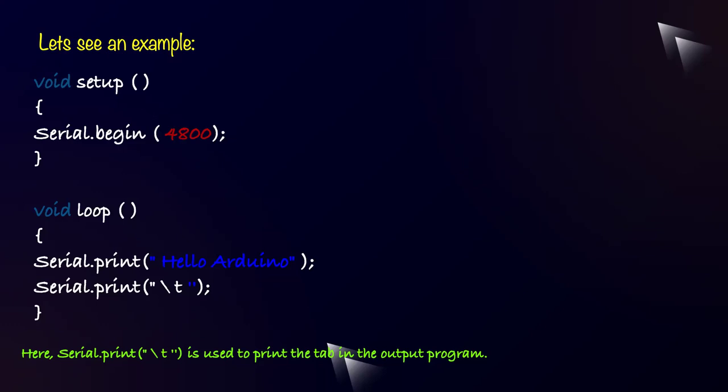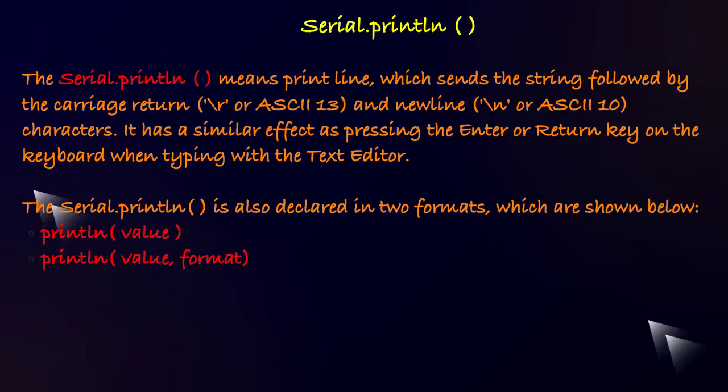So for example, Serial.print("Hello Arduino"), and Serial.print \t. Now here this \t is used to print a tab in the output. All right, so this is basically a full-fledged example.